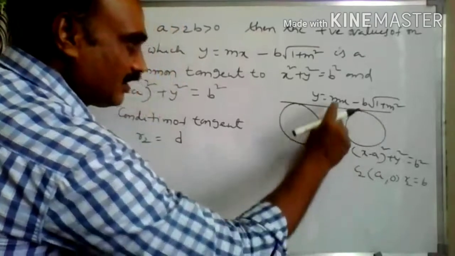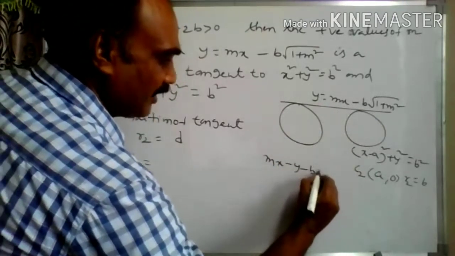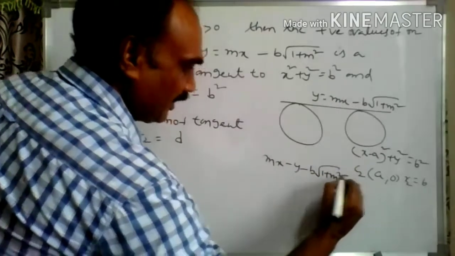So here the tangent is mx minus y minus b into root 1 plus m square.